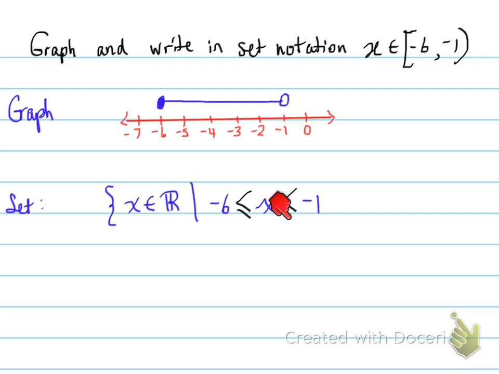We're not including -1 because it's an open circle. So x is bigger than or equal to -6, and x is less than -1. And we close the bracket. So this is how we represent an interval between two sets of numbers.